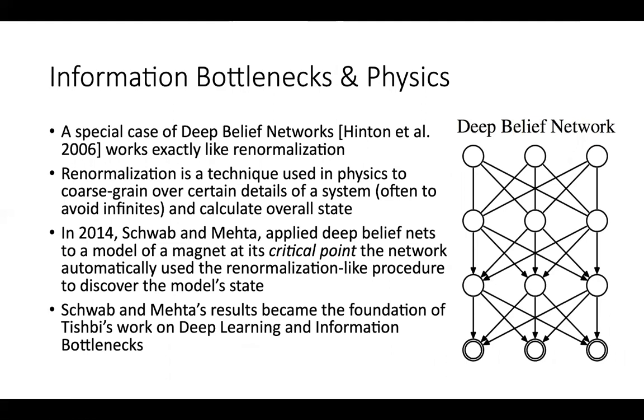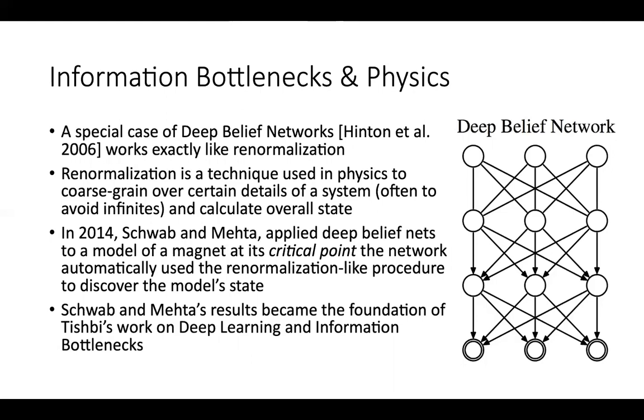Just over a decade ago, it was observed that a special case of deep belief networks works exactly like renormalization, where renormalization is a technique which is used in physics. Think of this as coarse graining over certain details of a system. It's mainly to avoid infinities and to be able to compute the overall state of the system.